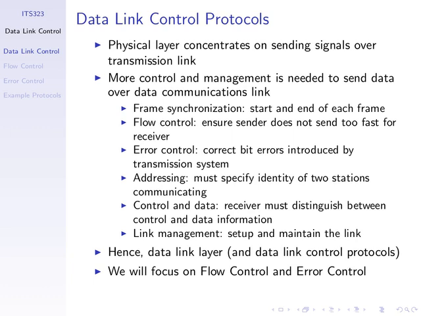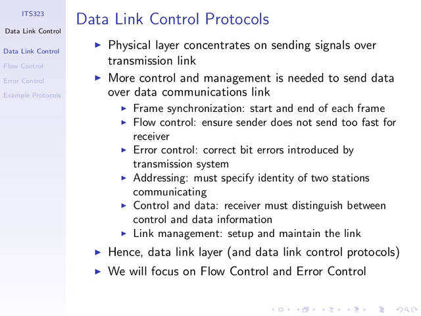Giving endpoints or stations addresses, what format of addresses to use, is commonly a part of data link control protocols. And other aspects of managing the link, setting up the link, that is making sure that before I can transmit my signals, that the receiver is ready to receive those signals. It's in the right state, it's turned on, for example. So managing a link.